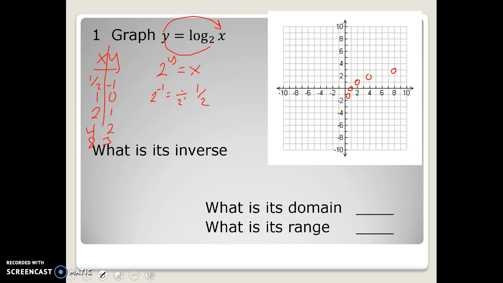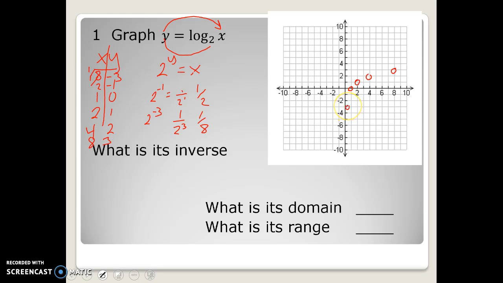Let's plug in a bigger number, say negative 3. That would be 2 to the negative third power, which is 1 over 2 to the third power, which is 1/8. So that's going to be a point at (1/8, -3). 1/8 is barely to the right, and then down 3.